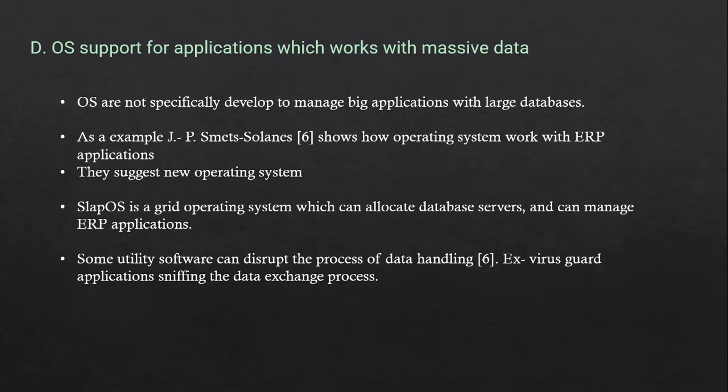This operating system has the ability to manage ERP applications. When we discuss data handling in operating systems, some software will disrupt the process of data handling. For example, virus guard software will slow down the data exchange process.